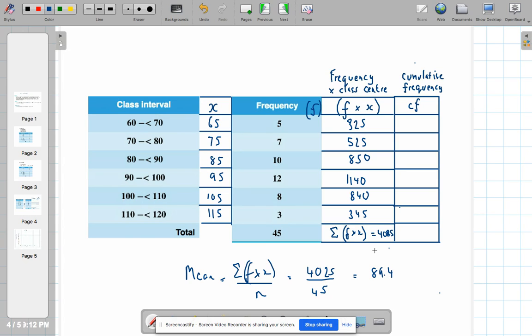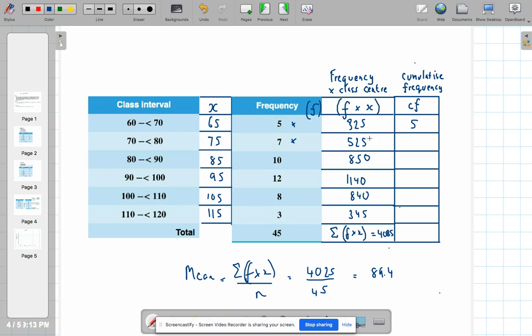So we worked out the modal class and the mean. Now we're looking at the cumulative frequency that'll help us to find out the median. So remember our cumulative frequencies? The first entry is always the same as the frequency. That 5 goes straight across. Then we add the frequencies in.